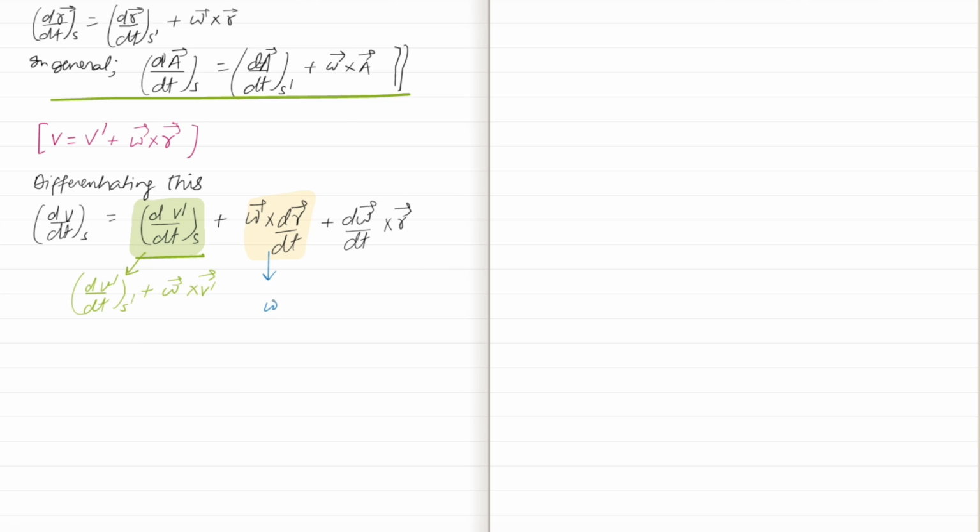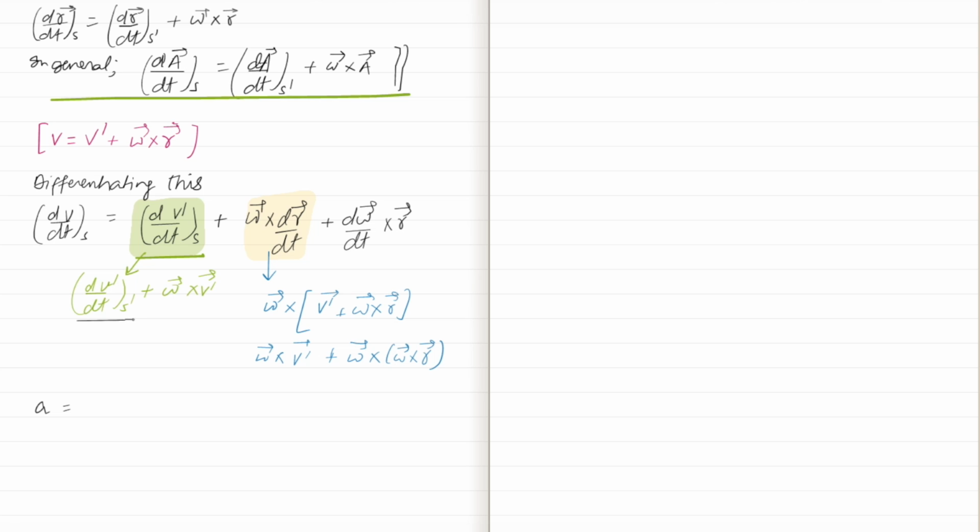This is nothing but omega cross dr by dt is v vector, and we know v vector is v dash plus omega cross r. So instead of dr by dt as v vector, we are writing v dash plus omega cross r just to get an expression. So we will have omega cross v dash vector plus omega cross omega cross r vector. So now just replacing the terms, dv by dt with respect to S is the acceleration of the object. So a is equal to dv dash by dt with respect to S dash.